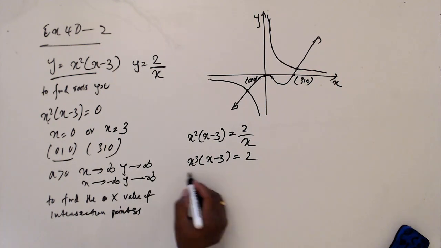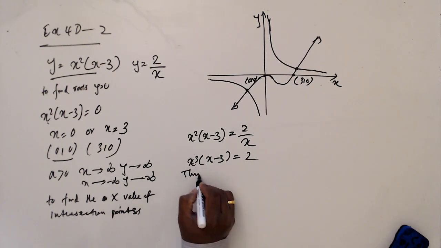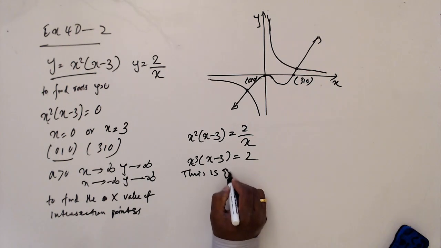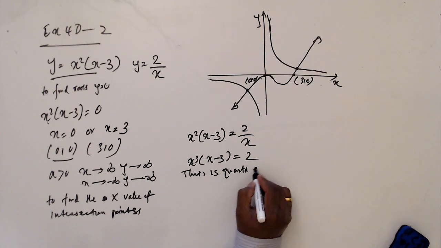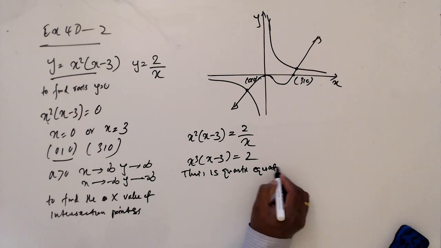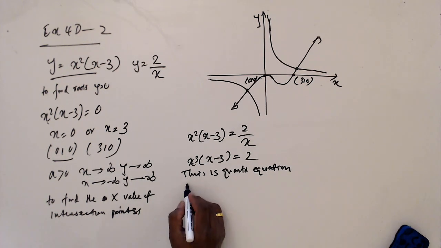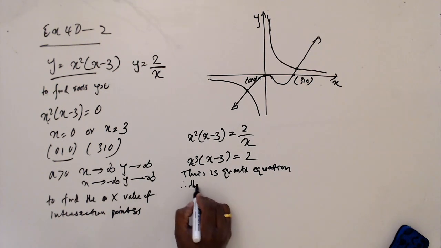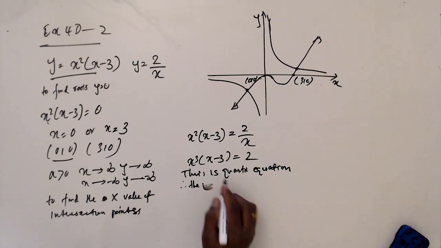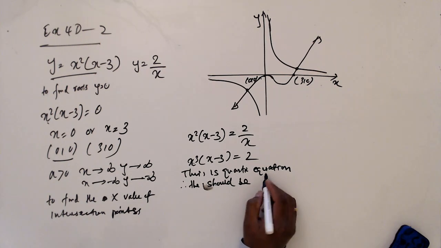You can tell that this is a quartic equation. Hence, there should be four solutions.